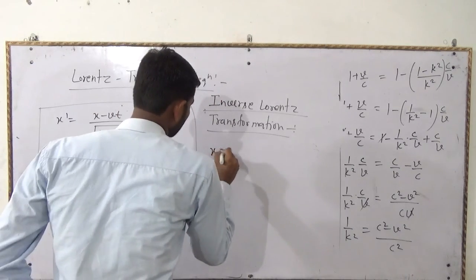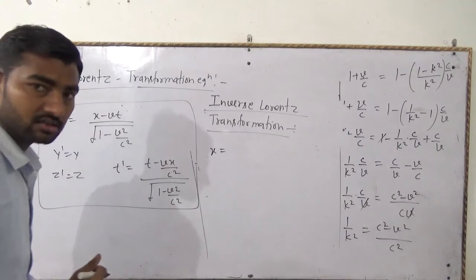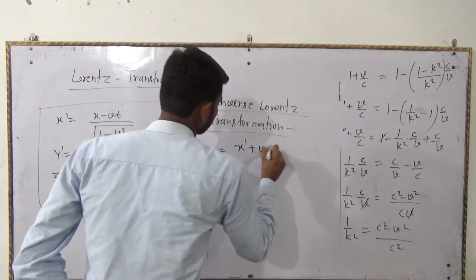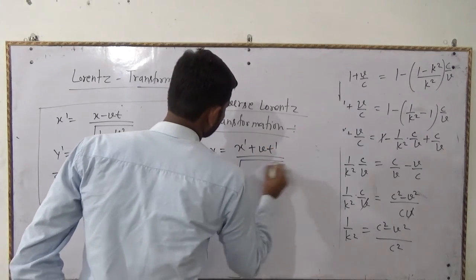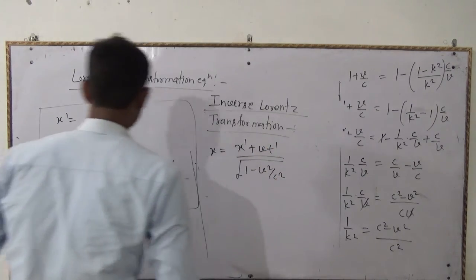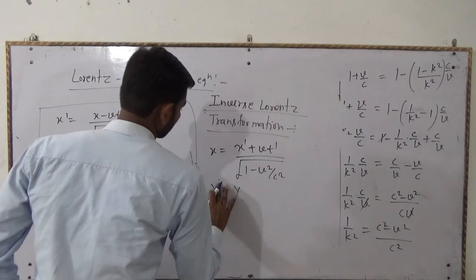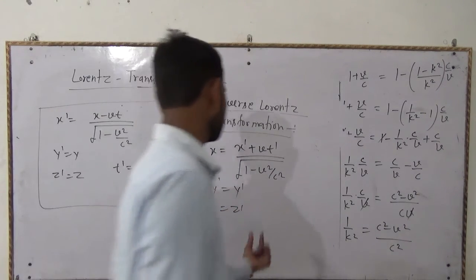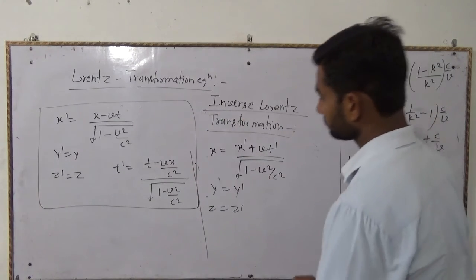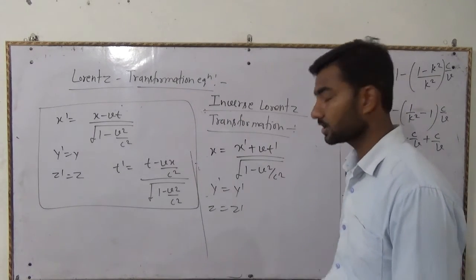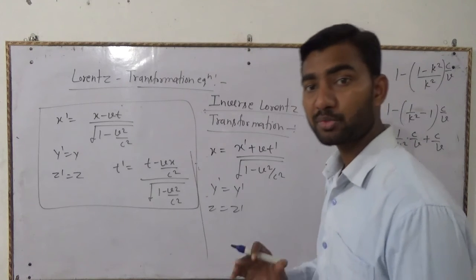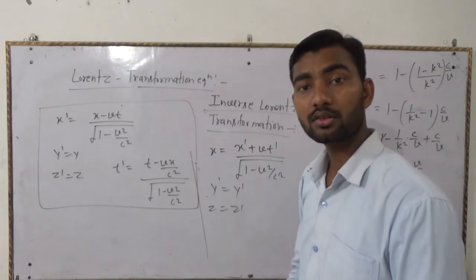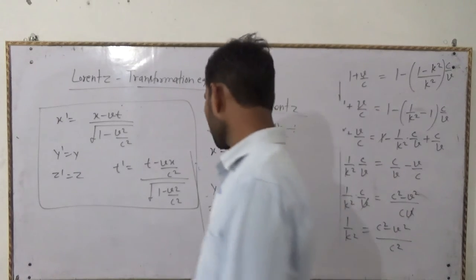The place of x dash will be x, so x is equal to x dash plus v t dash upon under root 1 minus v square by c square. Y is equal to y dash, z is equal to z dash, because these two coordinates y and z are perpendicular to the direction of motion.